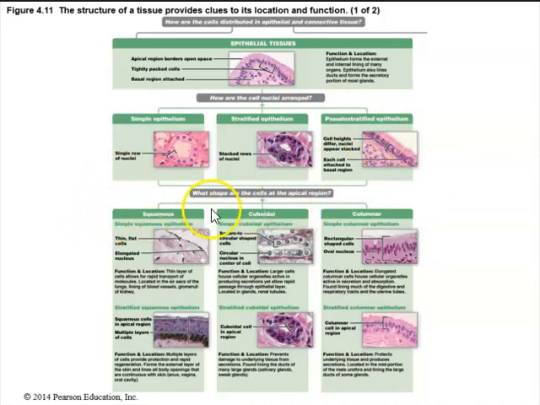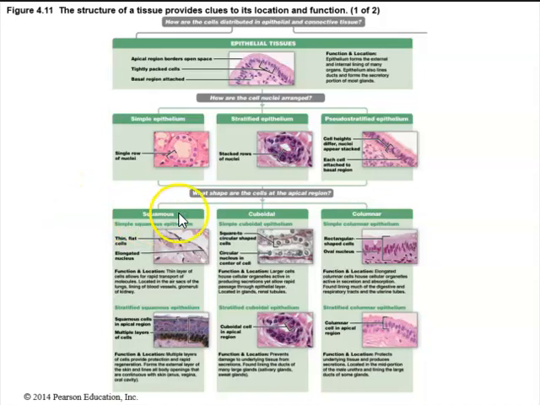We talked about squamous shapes, which are flat disc or flat plate-like shapes. We looked at cuboidal cells that look like cubes, and then we have these tall columnar type cells. And again, we look at first the number within that layer. If it's one layer, it's simple. If it's many layers, it's stratified.